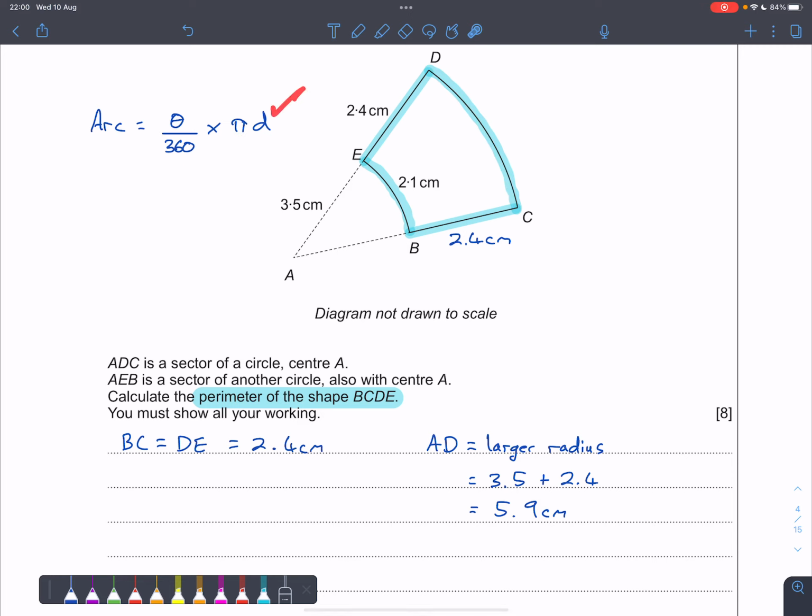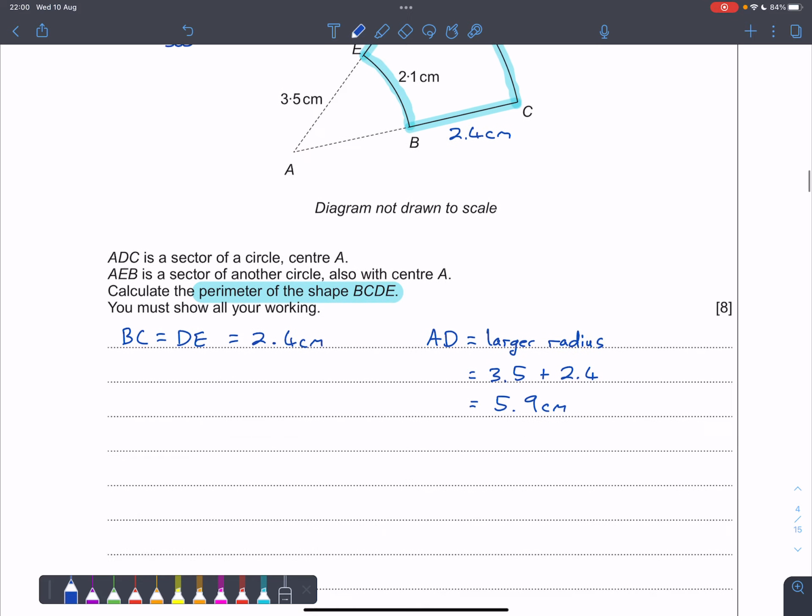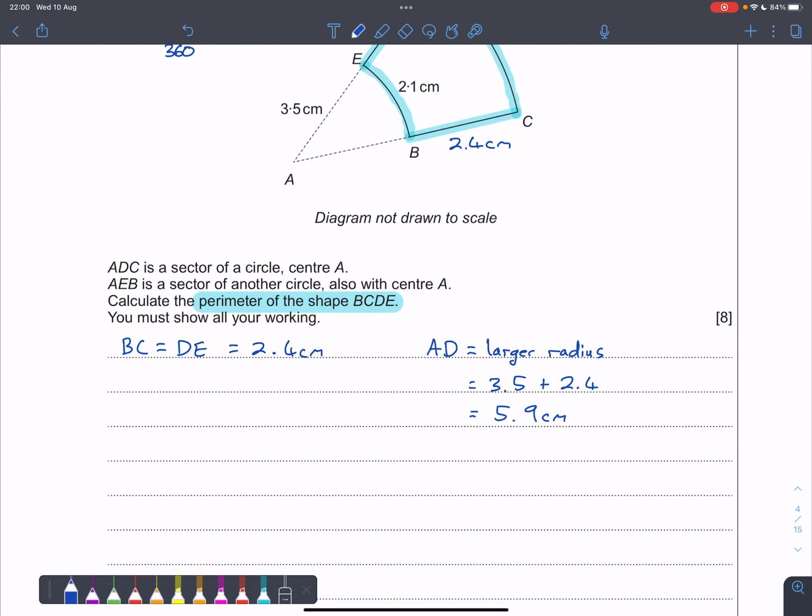I don't know the angle, I don't know this theta. So I have to use the smaller sector, AEB, and specifically the arc length BE.